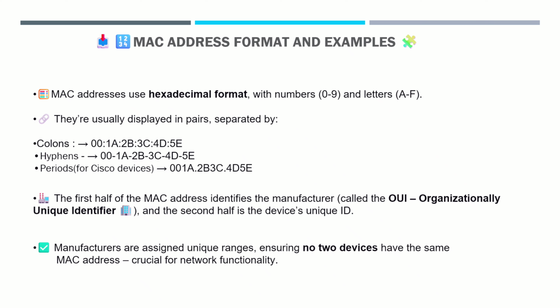Every manufacturer of network hardware is assigned a unique range of MAC addresses, ensuring that no two devices should have the same MAC address. This uniqueness is crucial for network functionality. The first half of the MAC address identifies the manufacturer, called the Organizationally Unique Identifier or OUI, and the second half is a unique number assigned by that manufacturer.